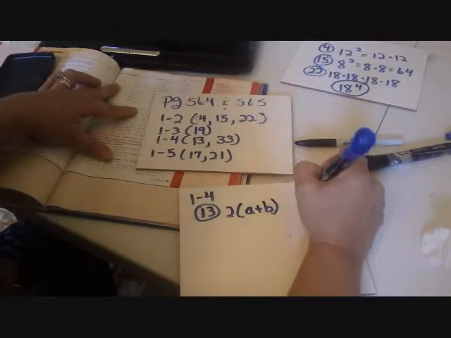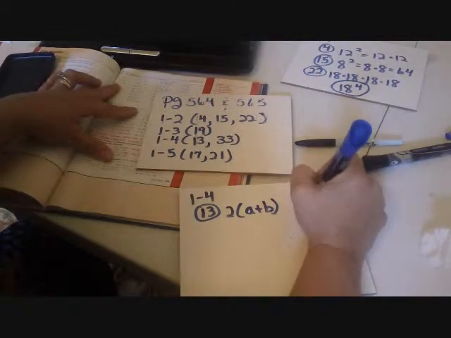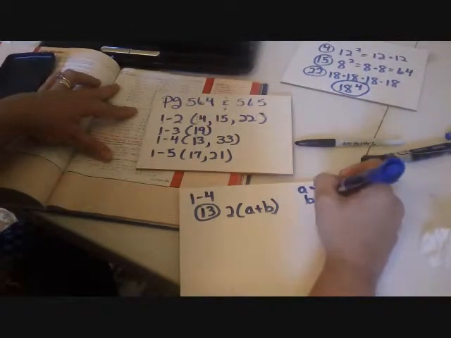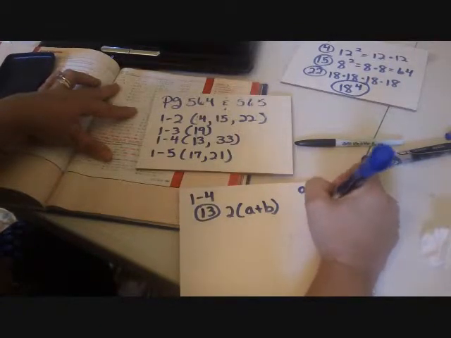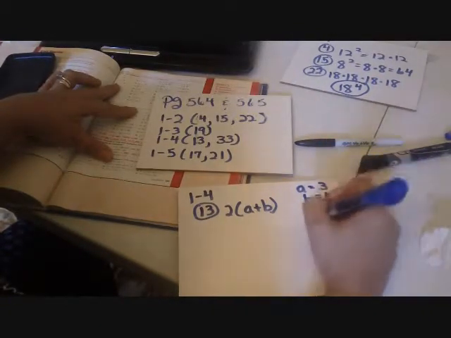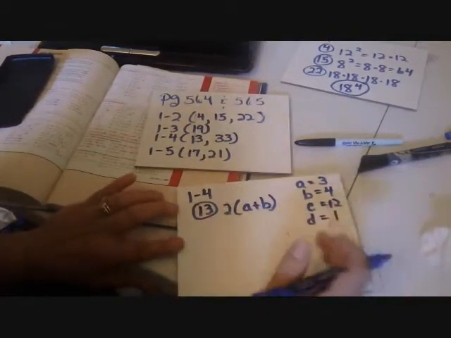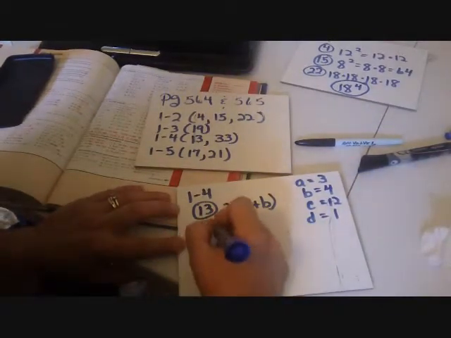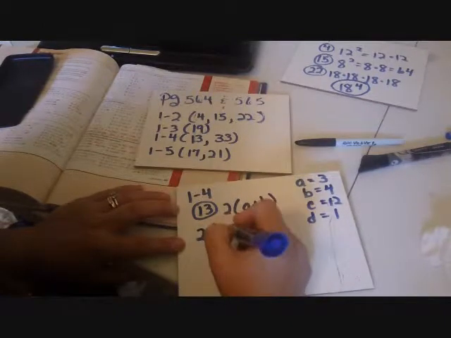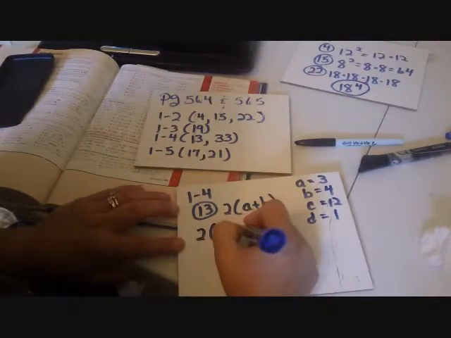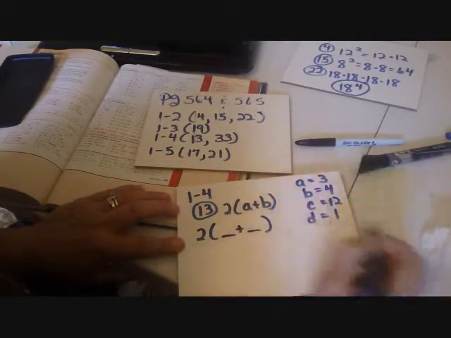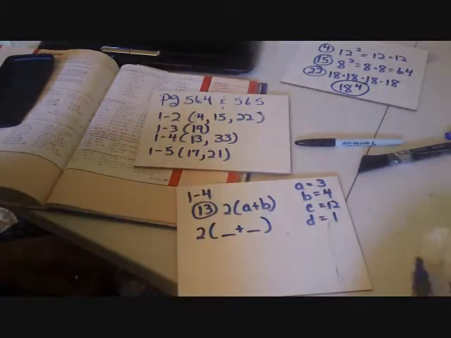They tell us that a equals 3, b equals 4, c equals 12, and d equals 1. Now, I like to write this with blanks, and now I'm going to plug in my values.